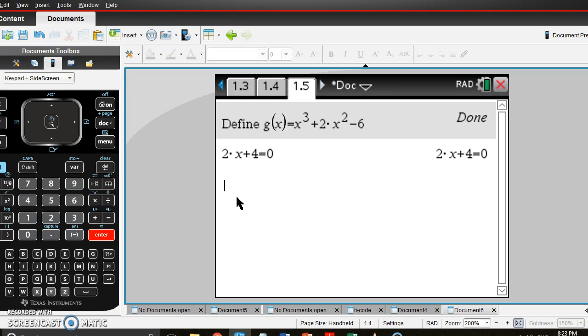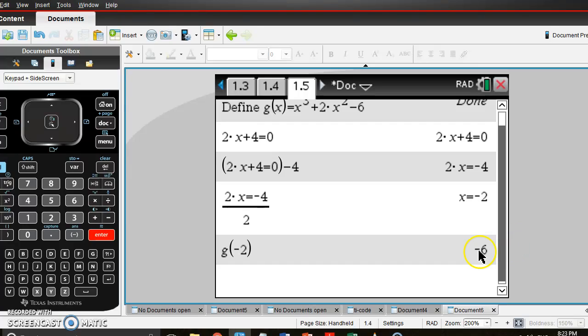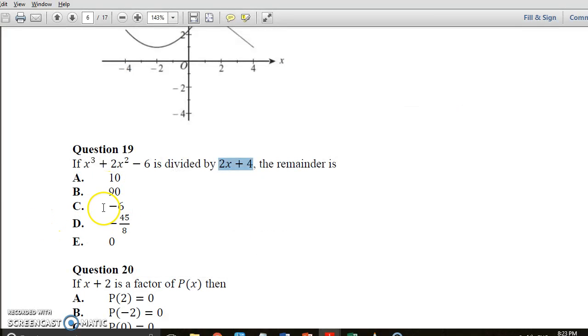We're going to subtract 4 from both sides. Now we're going to divide both sides by 2. So that tells us x equals -2. So then we're going to say g of -2. This is our remainder. So this ends up being -6. There we go. That's how we go about finding a remainder.